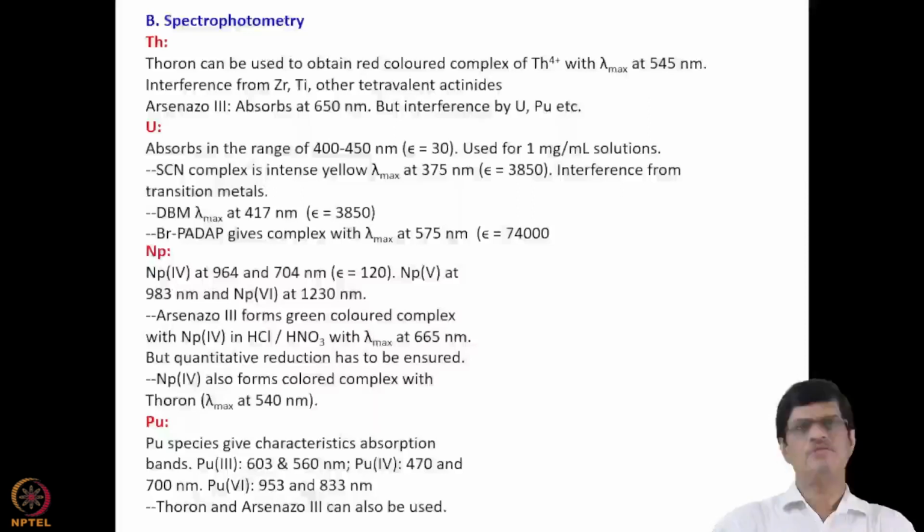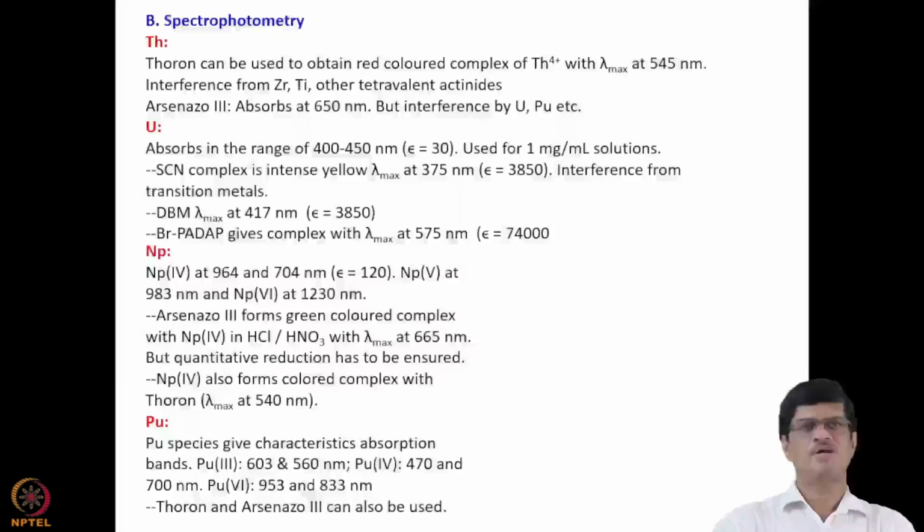Arsenazo 3 is also used for the estimation of thorium 4+, where it absorbs at 650 nanometer, but there can be serious interference by other actinides like uranium and plutonium, which also form complexes giving rise to color and absorbing again close to 650 nanometer.